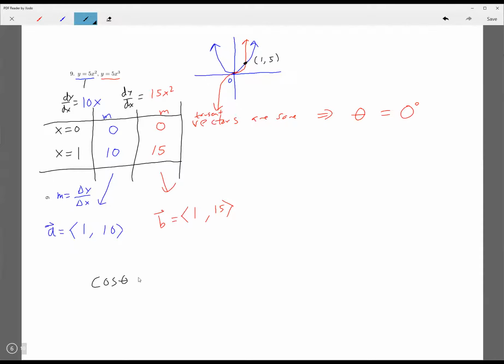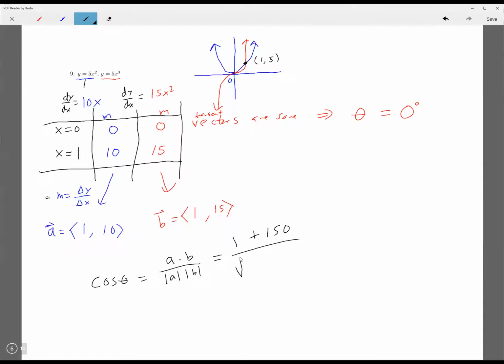we know that the cosine of the angle between them is A dot B over the product of the magnitudes. A dot B is going to be 1 times 1, that's 1, plus big number, 150.